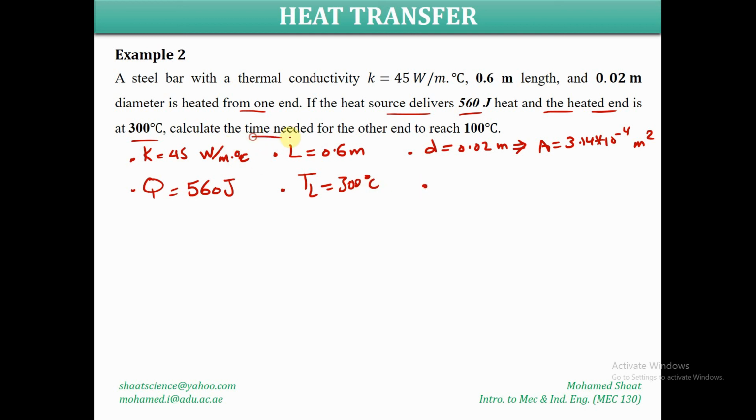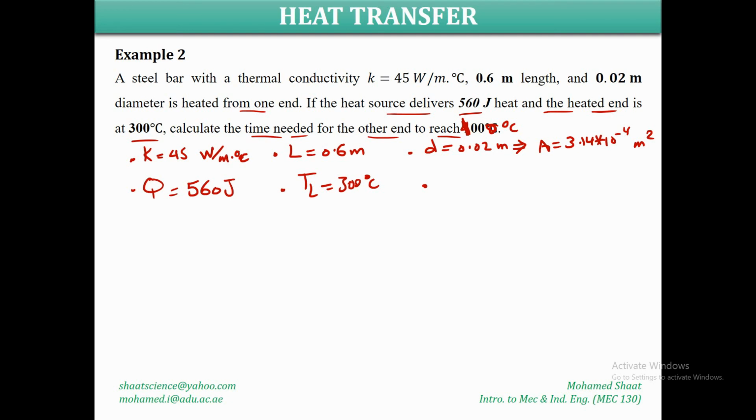and the question is required to calculate the time needed for the other end to reach, say, 400 degrees Celsius, or let's say 1000 degrees Celsius. Why? Because the temperature should be bigger than the temperature over the other end, because we are delivering heat.